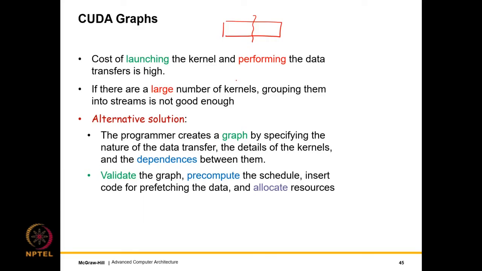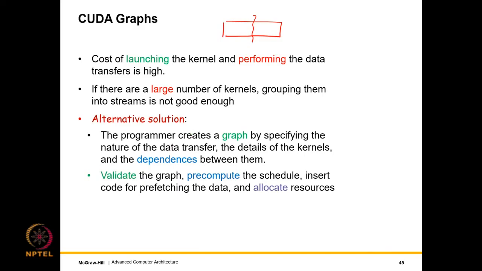So if there are a large number of kernels, we group them into streams, which did give us some benefits, but that is sadly not good enough, right? We can do better. So an alternative solution, particularly if you have a large number of tasks with a fair amount of heterogeneity, is to use a CUDA graph.